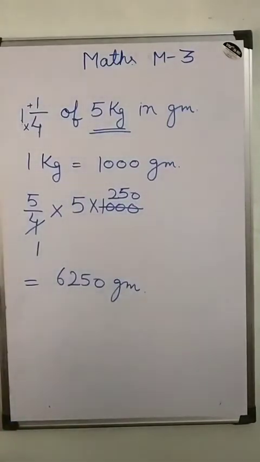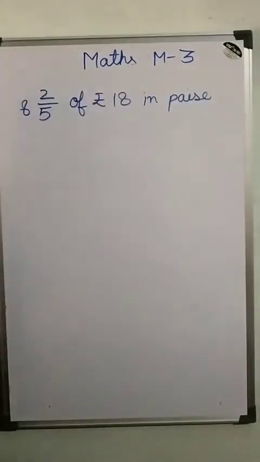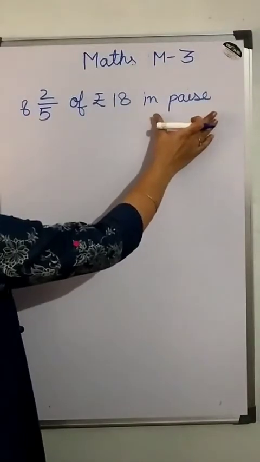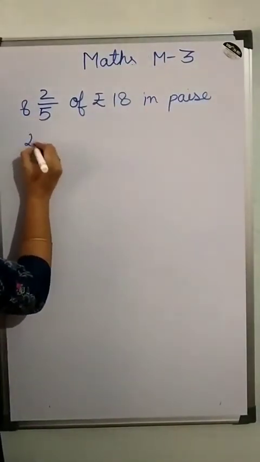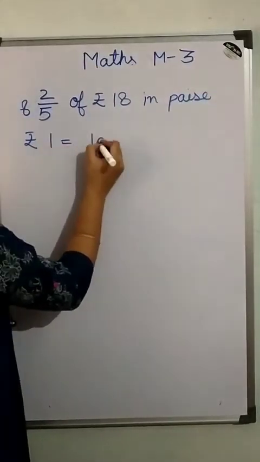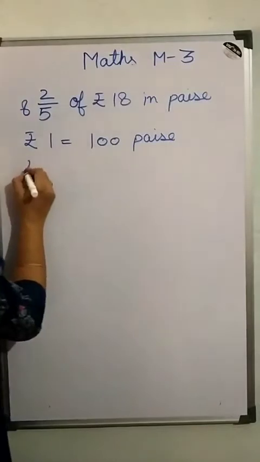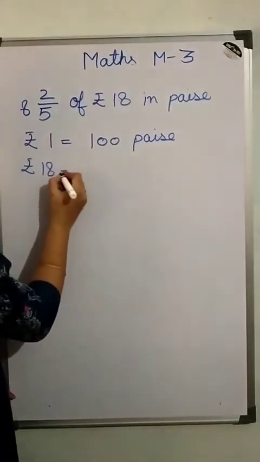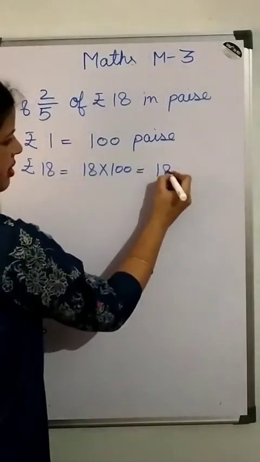Let's take one more example. In this question you have to find your answer in paise. You know 1 rupee is equivalent to 100 paise. So it means 18 rupees is equivalent to 18 into 100, that is 1800 paise.